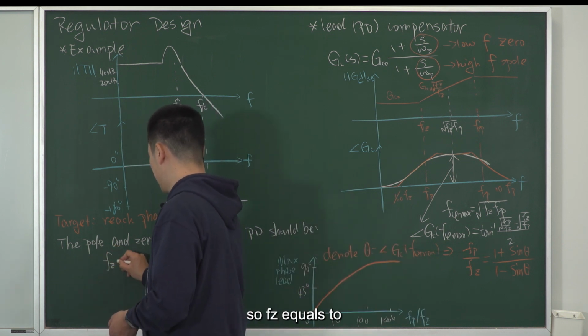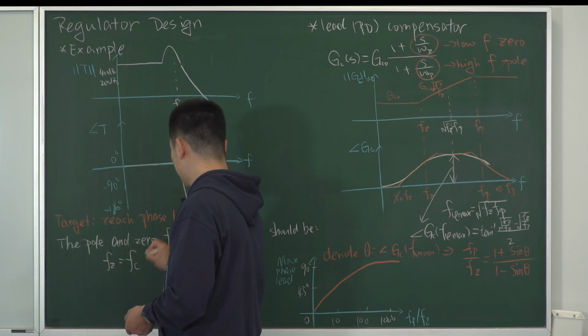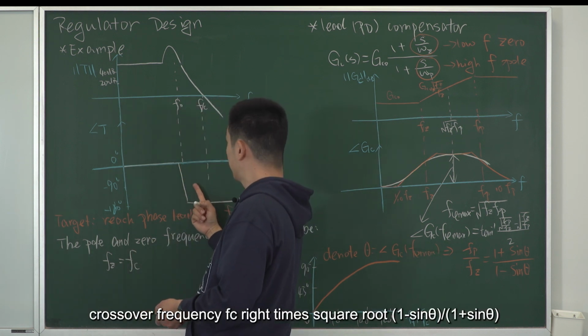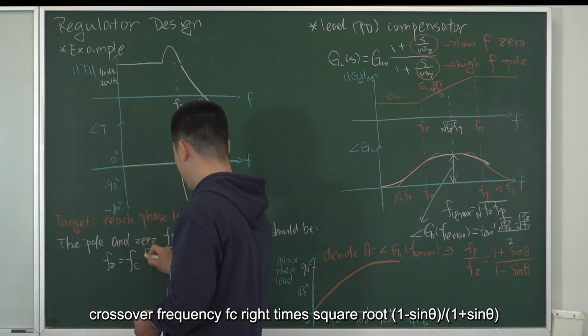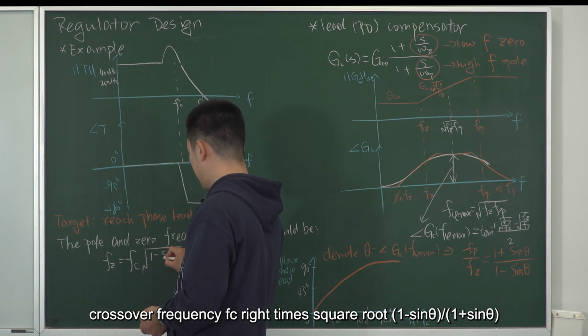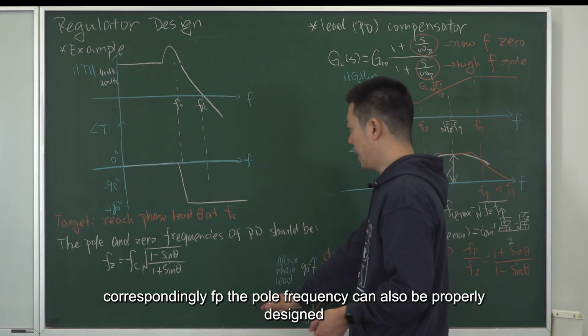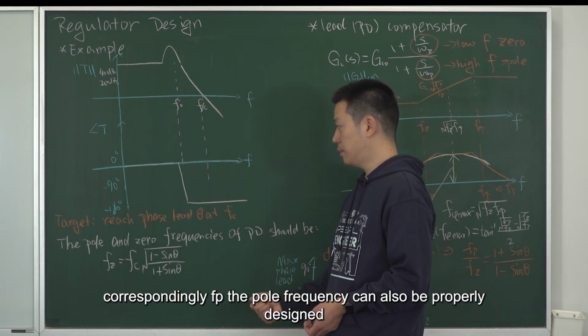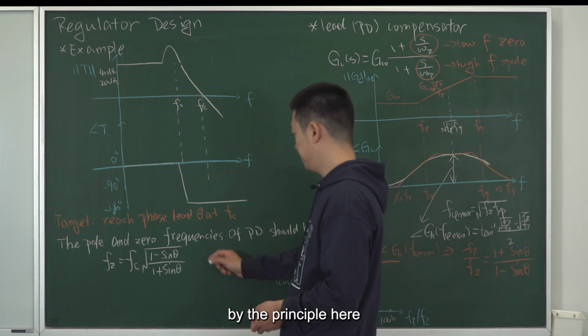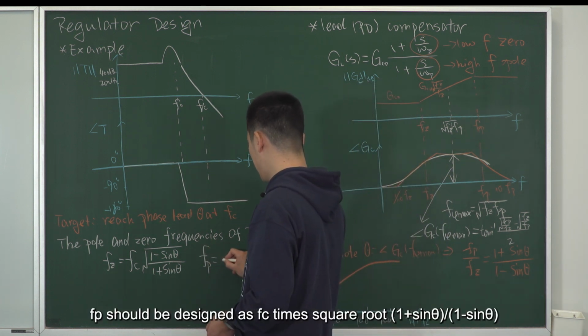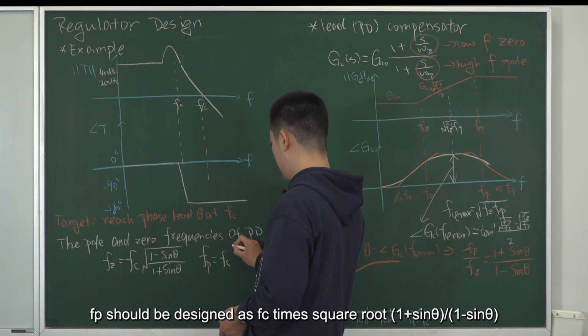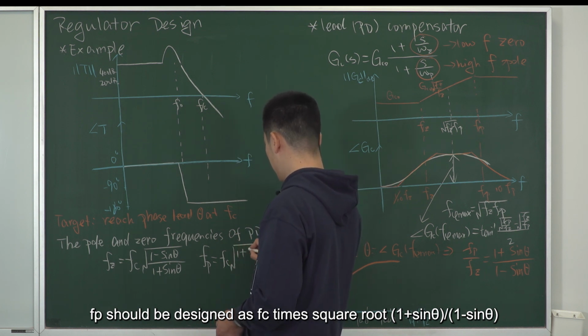So Fz equals crossover frequency Fc times (1 minus sine theta) divided by (1 plus sine theta). Correspondingly, Fp, the pole frequency, can also be properly designed by the principle here. So Fp should be designed as Fc times (1 plus sine theta) over (1 minus sine theta).